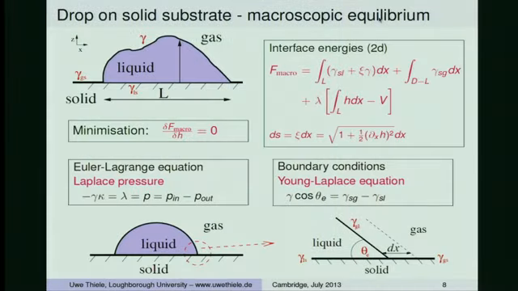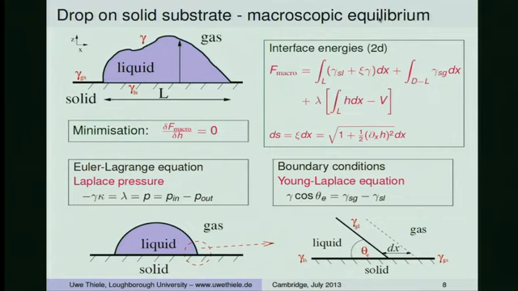So if we have, let's say, such a heap of liquid on the substrate, and we want to know what it does in equilibrium. Right? So what we would do, we would write down the energies for the liquid-solid interface, the solid-gas interface, and the liquid-gas interface.